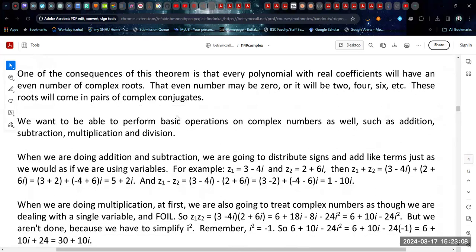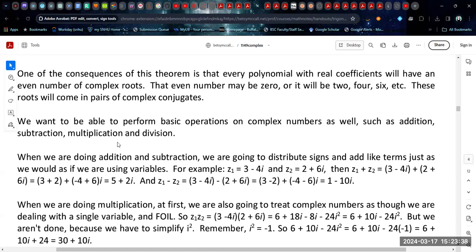Now, one of the consequences of dealing with imaginary numbers is that we can make an extension of the fundamental theorem of algebra, saying that any polynomial with real coefficients will have an even number of complex roots. And we can further extend that to any polynomial with complex coefficients will have n roots, where n is the total number of degrees, real or complex roots.